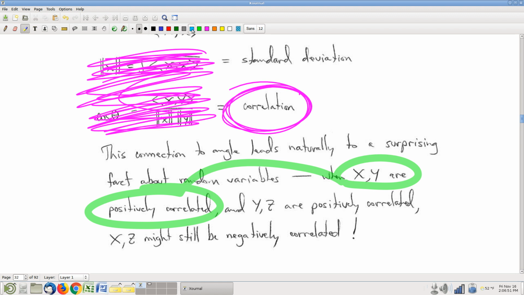So let's suppose x and y are positively correlated. Let's then furthermore suppose that y and z are positively correlated. Now, let's just think it through before we get to a conclusion.